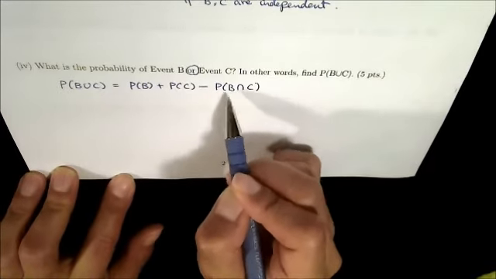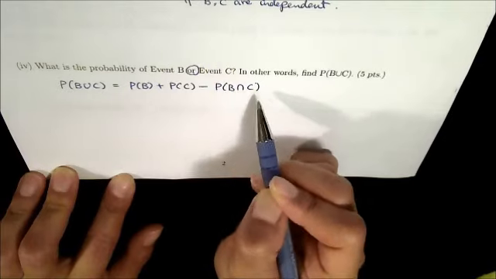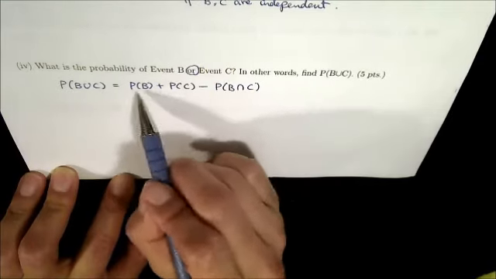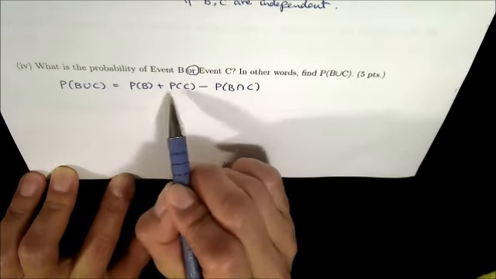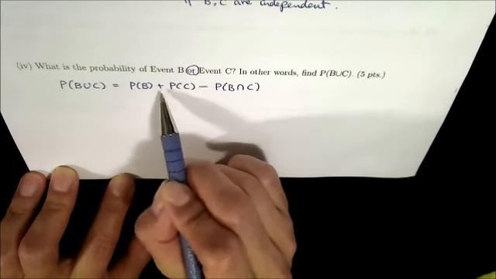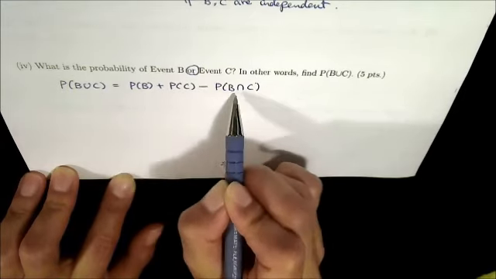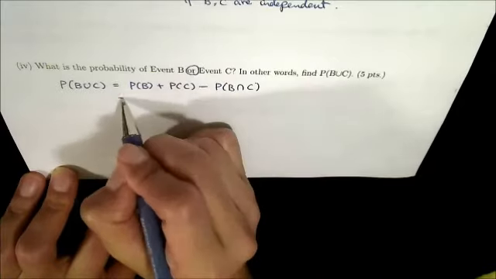Why do we have to subtract P of B intersection C? Because by adding these two probabilities, we double counted the intersection so that we subtract the intersection once.